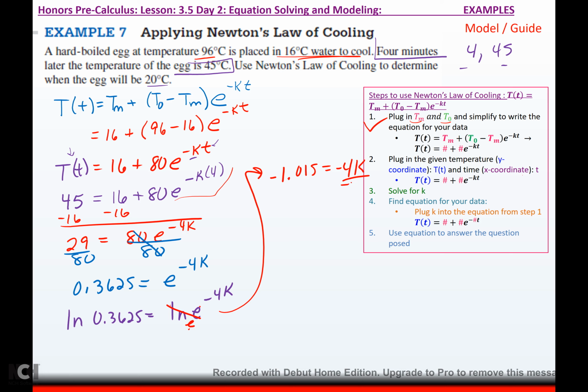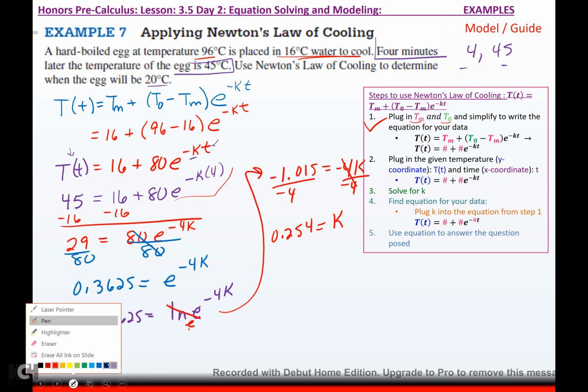So to get k, I'm going to divide by negative 4, and k equals that divided by negative 4, which is 0.254.